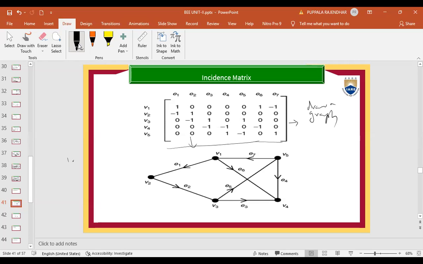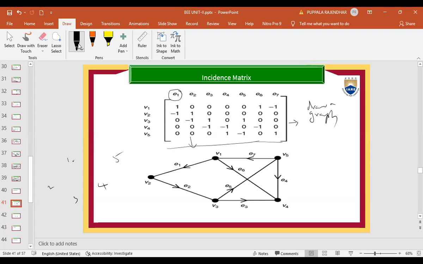5. Nodes 1, 2, 3, 4, 5. Between which nodes is E1 connected? E1 is connected. How do we find where E1 is connected?